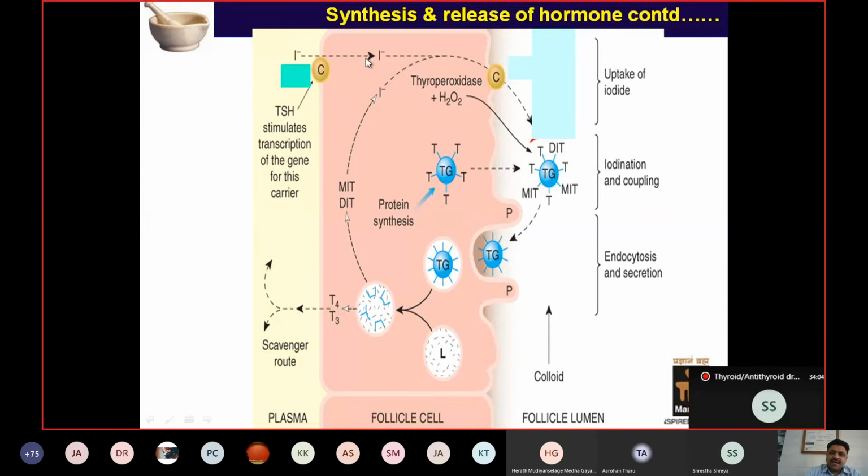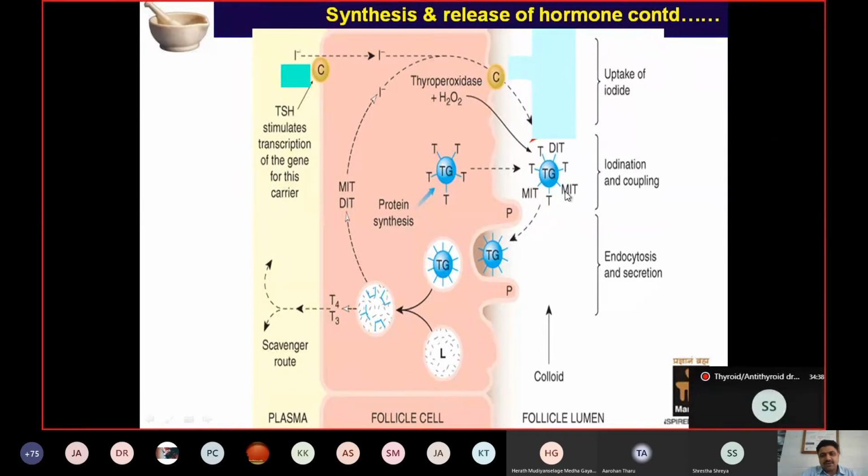So iodine is taken up and then oxidized, and this oxidized iodine will iodinate the tyrosine residue. If one iodine, then we say MIT, and if two, then DIT, diiodotyrosine. These two, mono and di, when they combine, form T3.